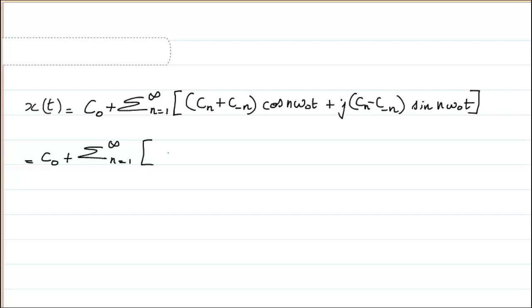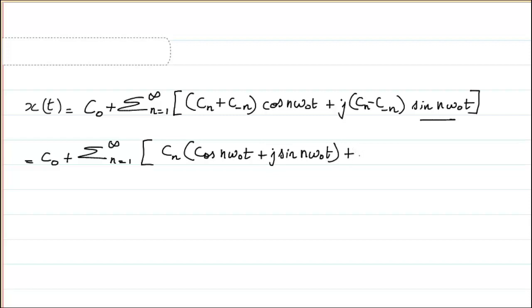Now I can write C of n terms together, so C of n commonly I will take, then cos n omega naught t, and here C of n is with sine, so plus j sine n omega naught t, clear?